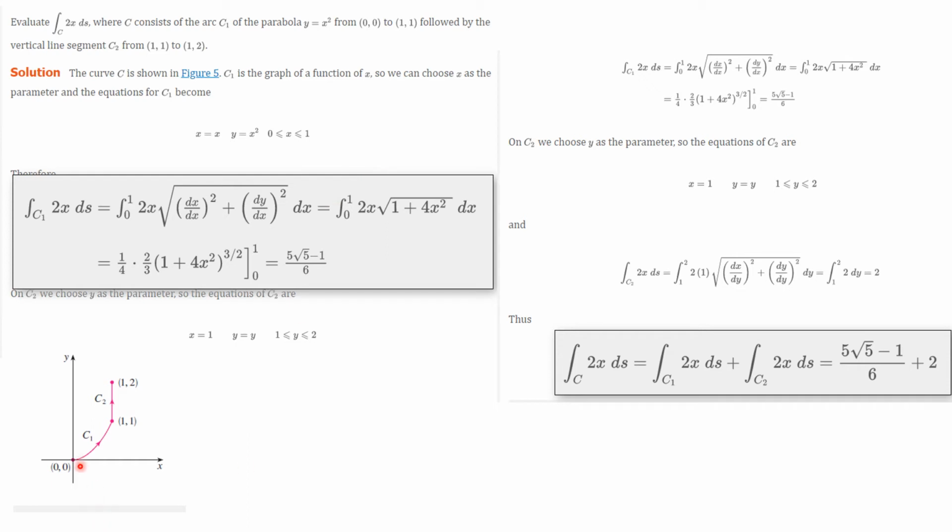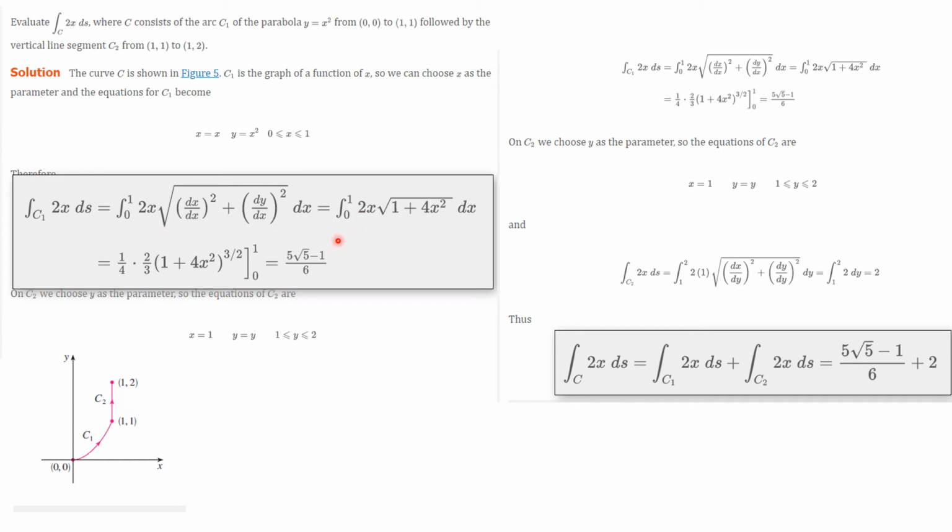Well, first we parameterize it along the parabolic arc, and the easiest way to do that is let x equal x and y equal x², from 0 to 1. And you see I will go along this curve. So now over C1, I have 2x ds, as always, this factor. Now this is just dx because I'm using x as the parameter.